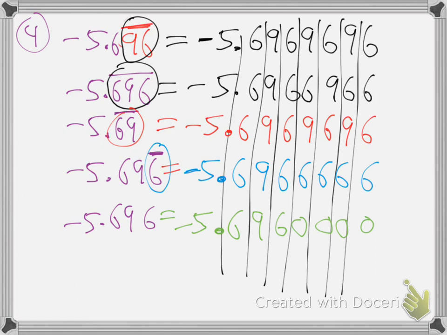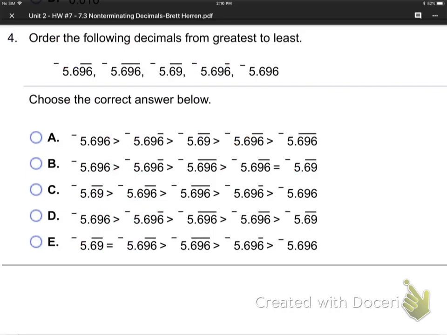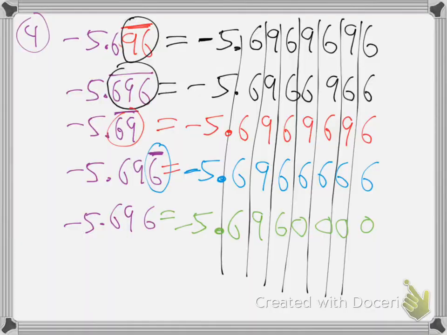All right. Now that we have them all laid out that way, I think we can easily see which one. Which way do they want us to go? They want from greatest to least. Now remember, they're all negative. So the greatest negative number is the one that's least negative. Did that sentence make any sense? If you have 0 here, negative 1, negative 2, negative 3, who's the greatest number?